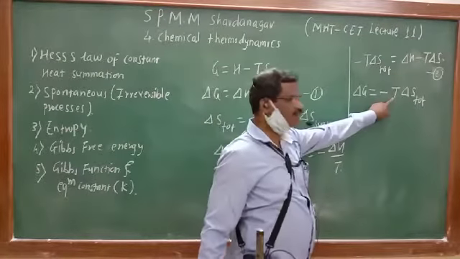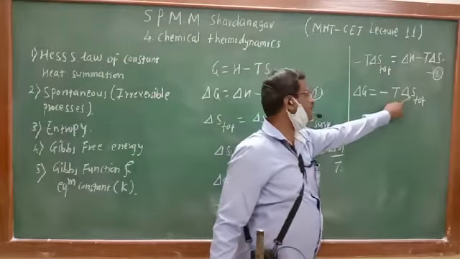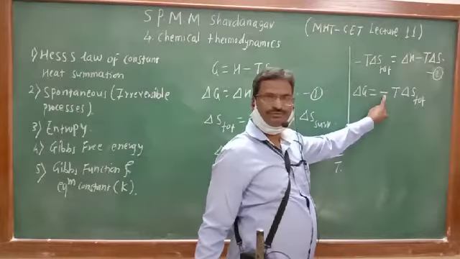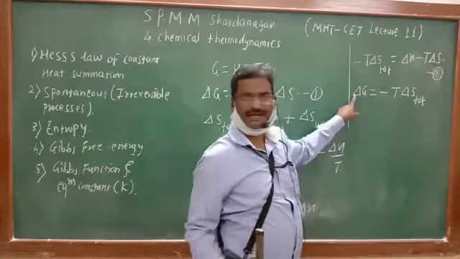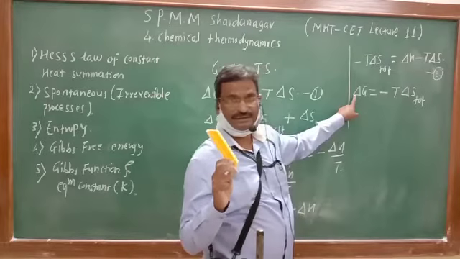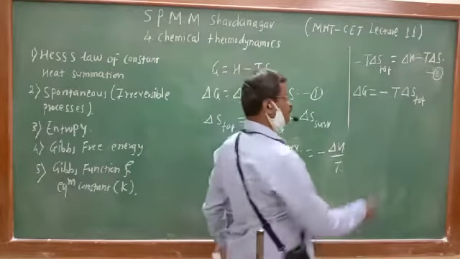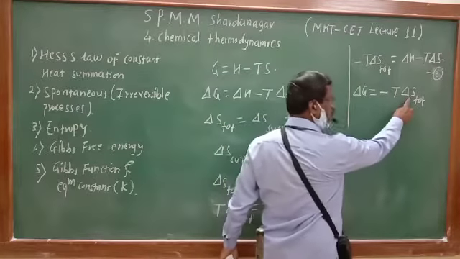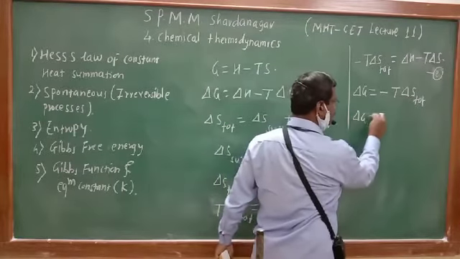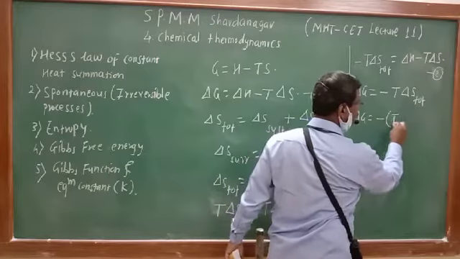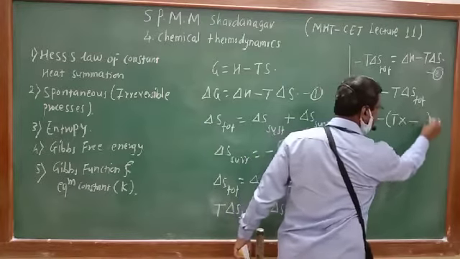Since temperature is constant, if delta S total is negative, at that time delta G is positive. See, delta S is negative, delta G is equal to minus temperature into delta S, again negative.